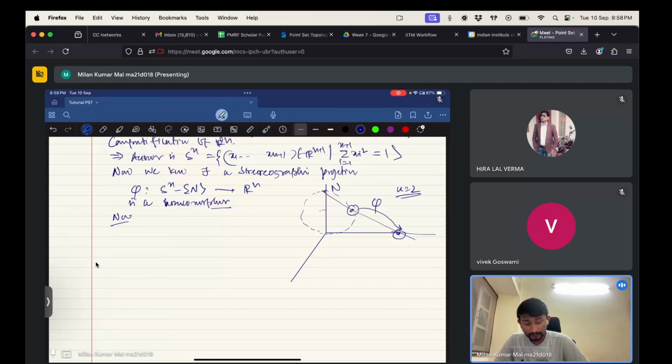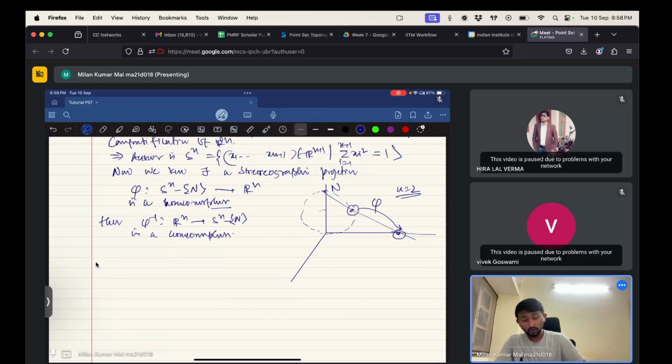That means phi inverse from R to the power n to S n minus the north pole is a homeomorphism. That is no problem. It is continuous and bijective, that's why it is happening. Now what do I need to prove?